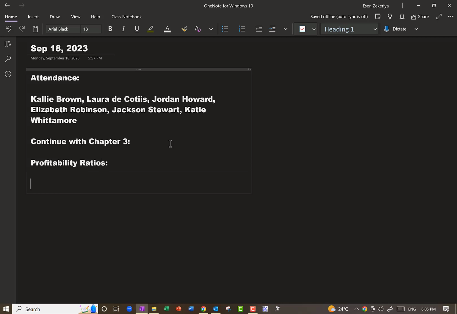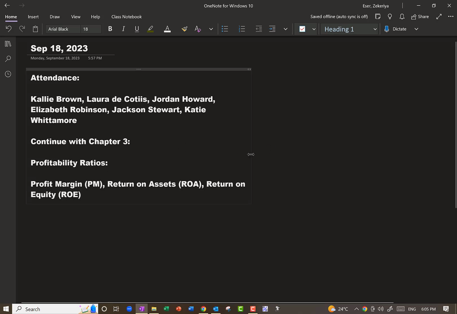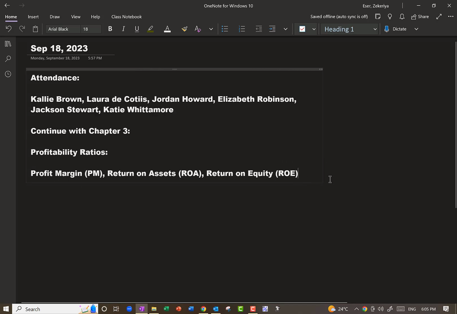There are 3 of them that we will concentrate on: profit margin, short PM, return on assets, ROA, and return on equity, ROE. Very shortly, we're going to see that these 3 actually are somewhat related to each other.